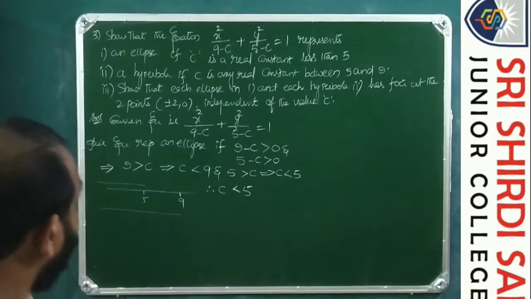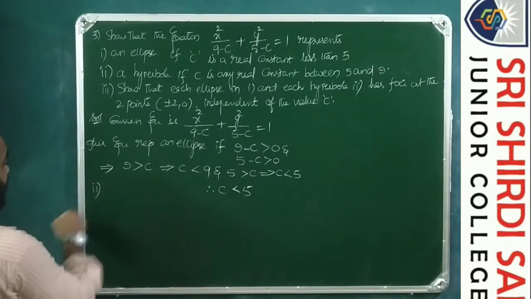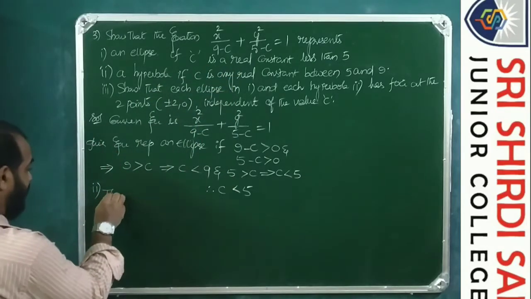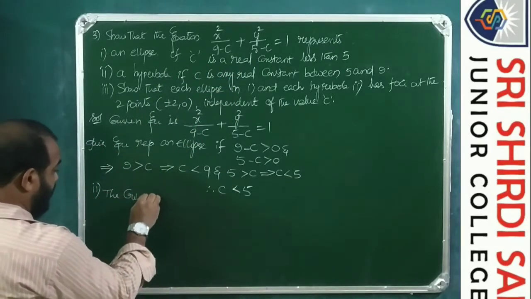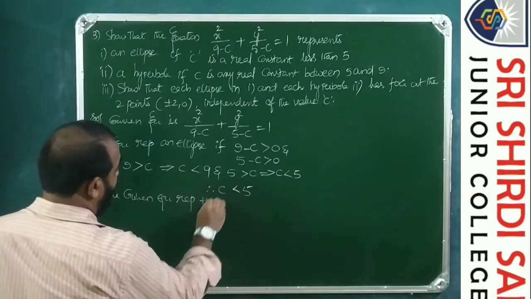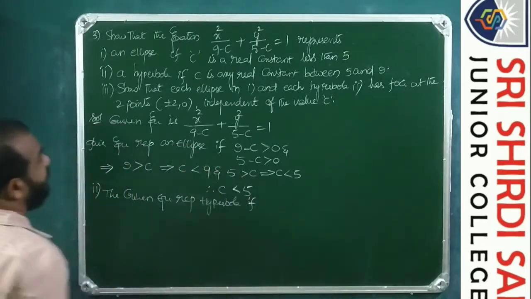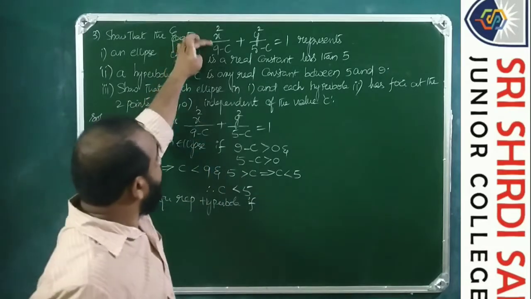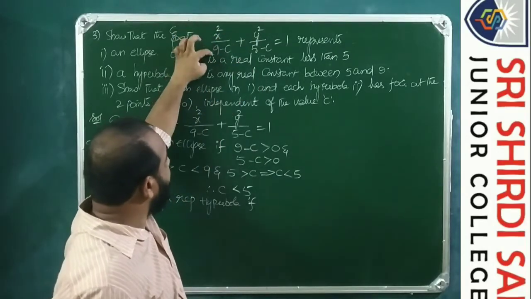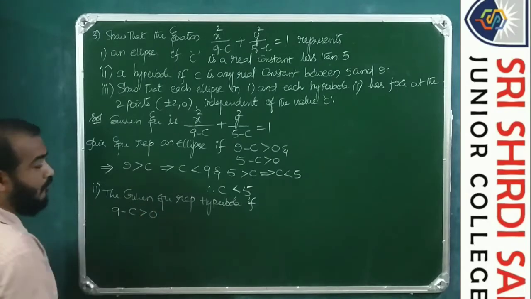So the next condition is that the given equation represents a hyperbola. The given equation represents a hyperbola if it is of the form x square by a square minus y square by b square. That means x square by a square is positive; 9 minus c is obviously positive.